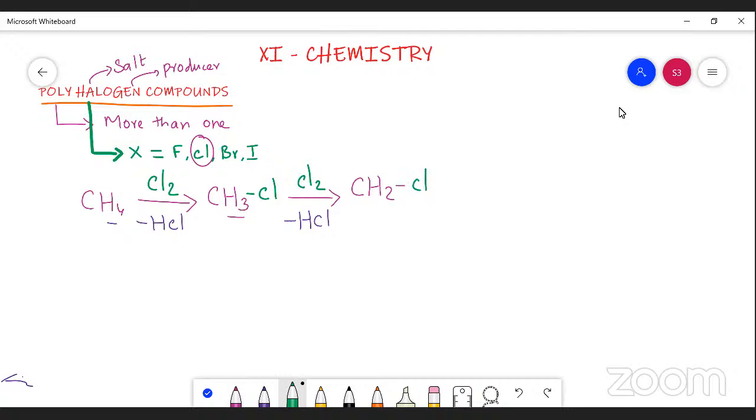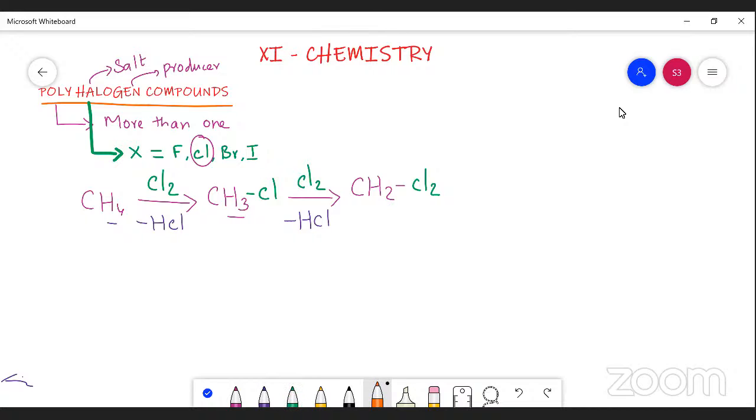Correct? Now, two halogen atoms are present. Then what is the name? It is a derivative of methane. How many chlorines are there? That is two chlorines. So it is dichloromethane, called methylene chloride.